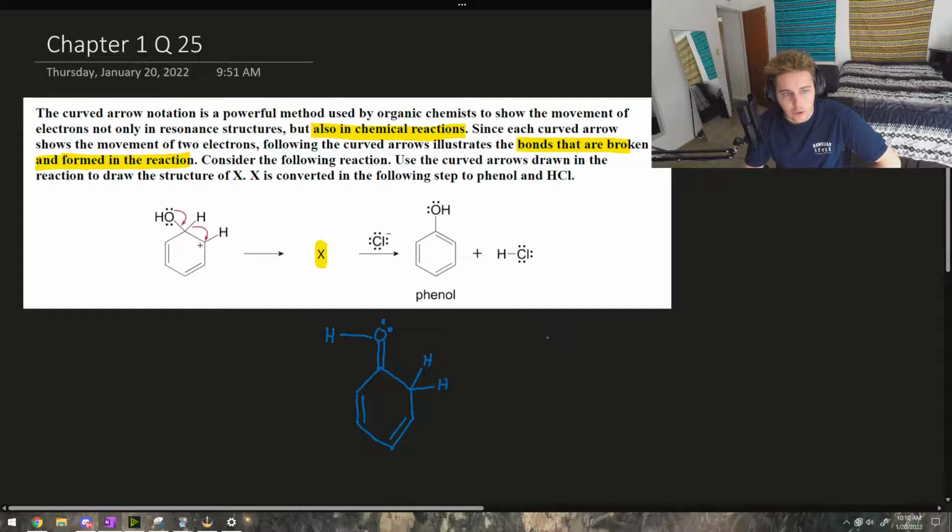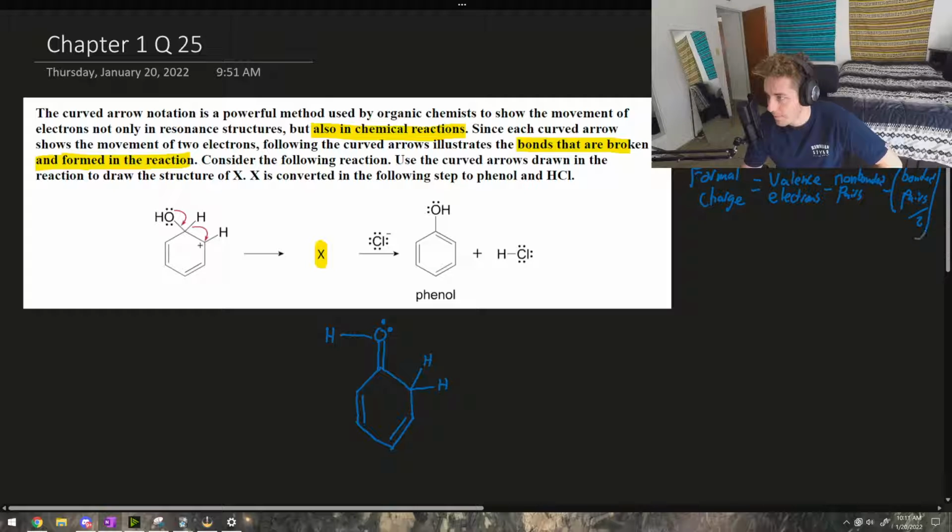The formal charge equation is going to be formal charge equals valence electrons minus non-bonded electrons minus bonded electrons over 2.